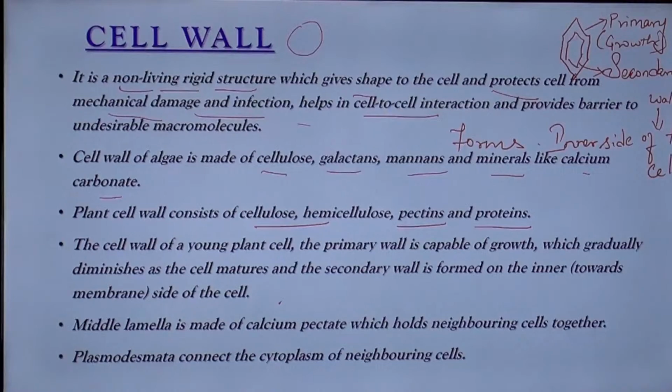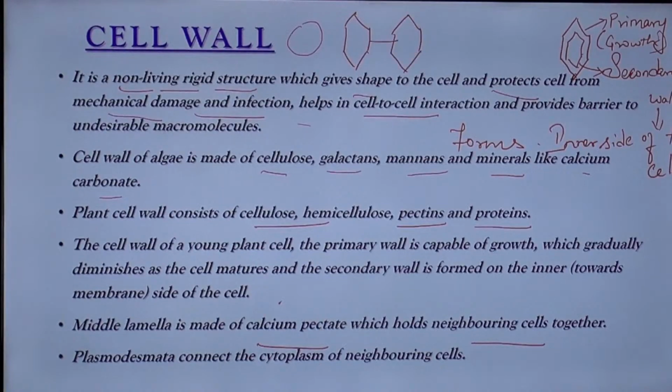And the middle lamella is made of calcium pectate, which holds neighboring cells together. So in this cell wall it has a middle lamella. This lamella is fully made up of calcium pectate and holds the neighboring cells. So here this is the cell.